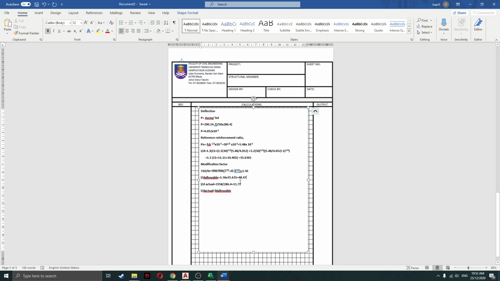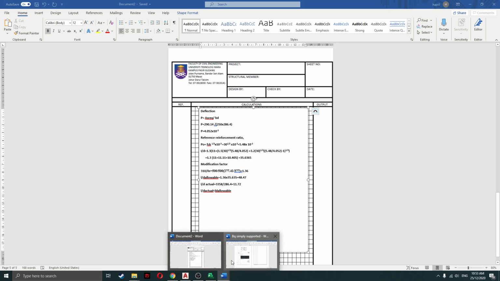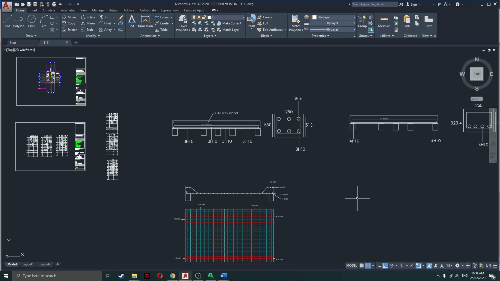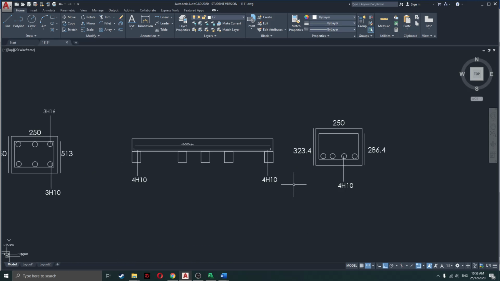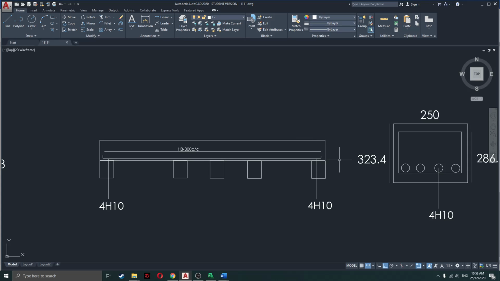So my L over D allowable is bigger than my L over D actual. Then for the detailing, I get this.